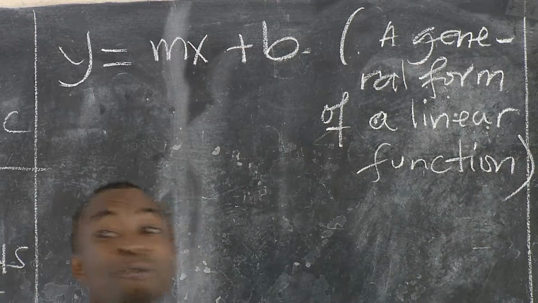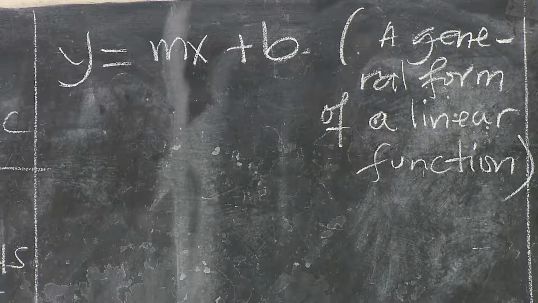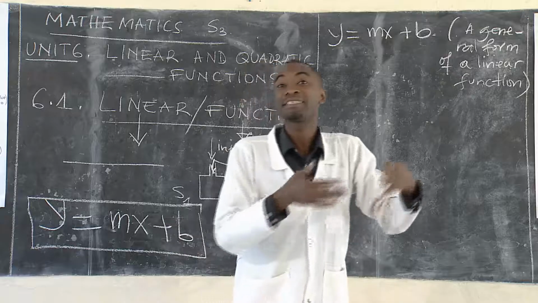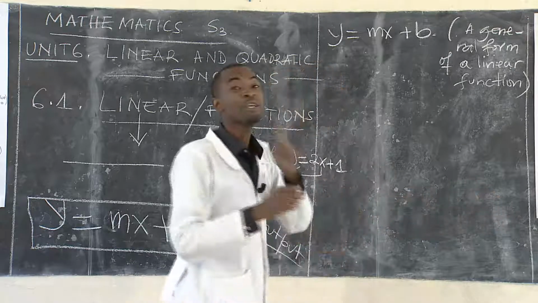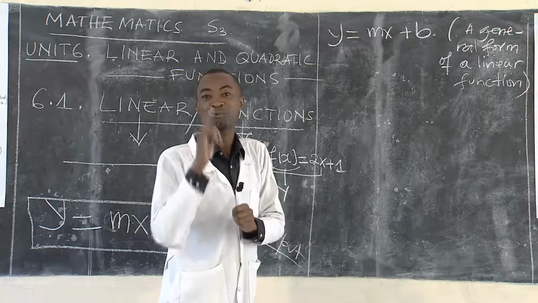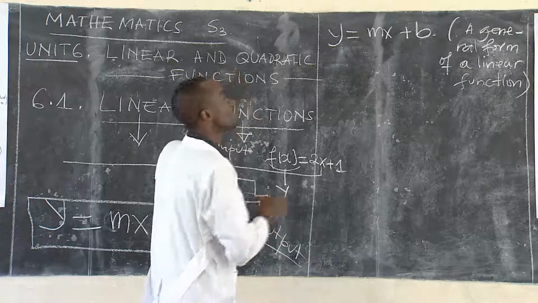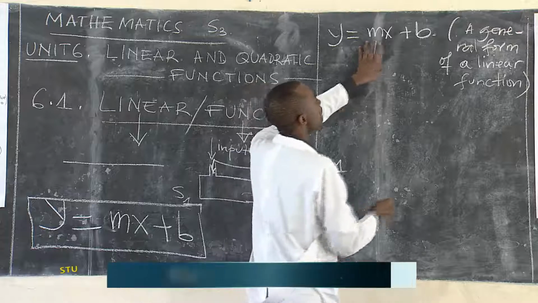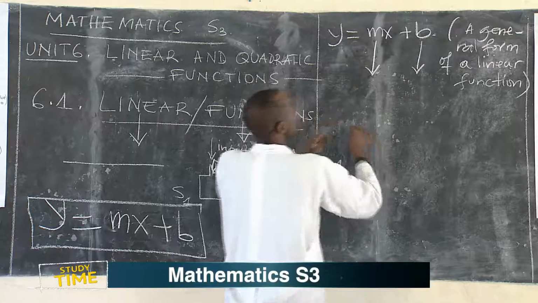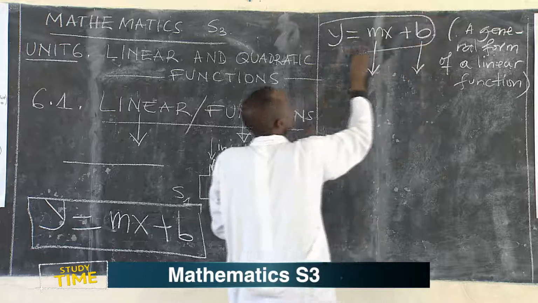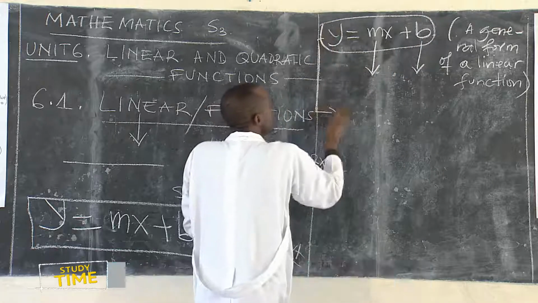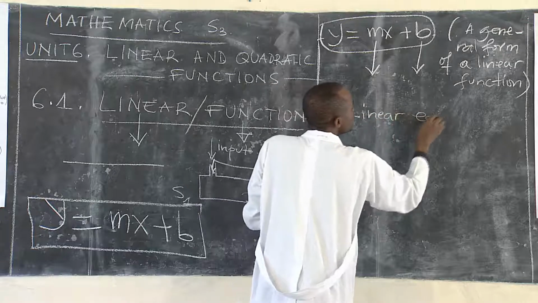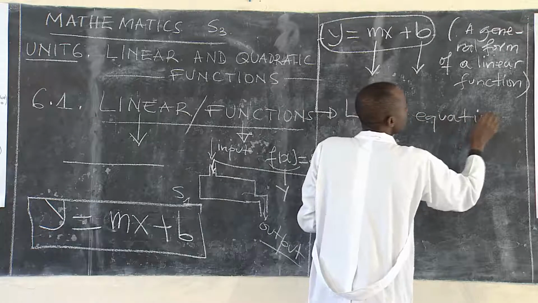But many of the students just wonder, when do I have to call this a function and when do I have to call this an equation? I want you to understand this one thing. Whenever I give values to m and to b, this whole thing will be called a linear equation.